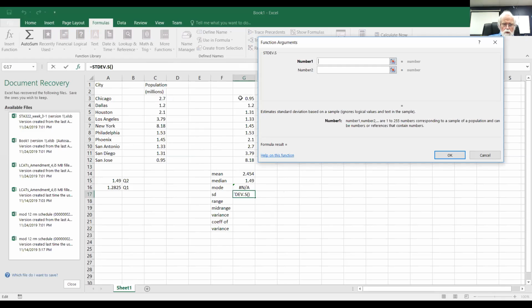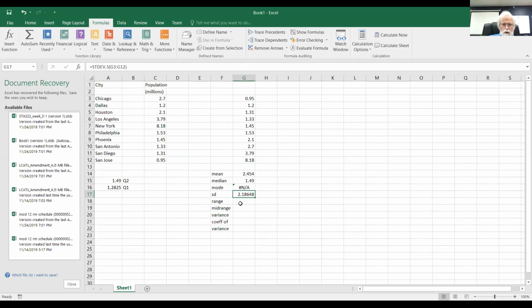So again, we highlight our range, okay? So we're going to do this entire range, and we're going to calculate the standard deviation. It is 2.18, blah, blah, blah.